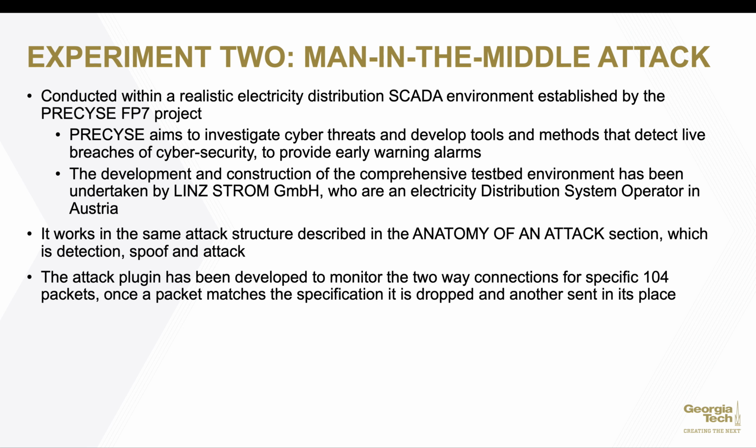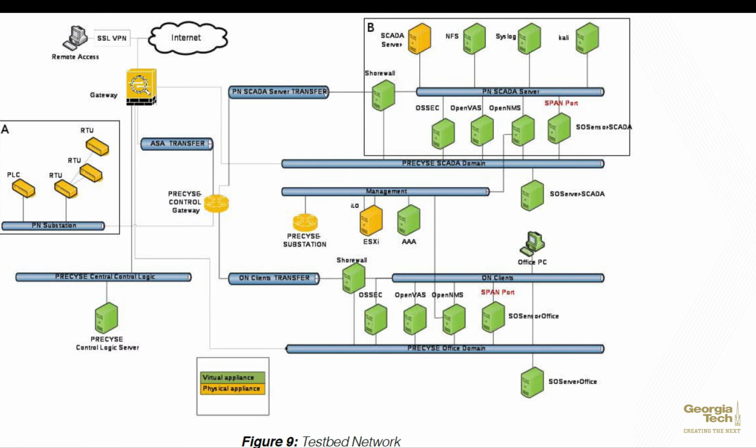The Linz testbed site primarily comprises a SCADA process network, substation process network, and an office domain network. The environment is presented in Figure 9, as you can see here.